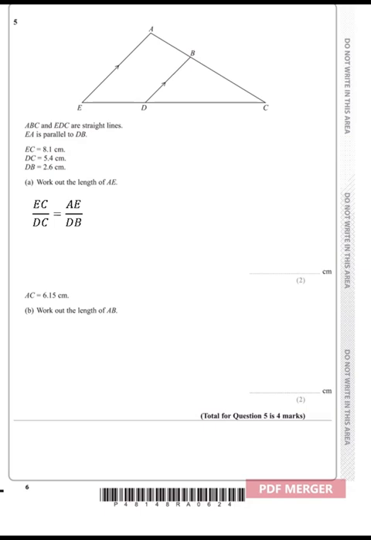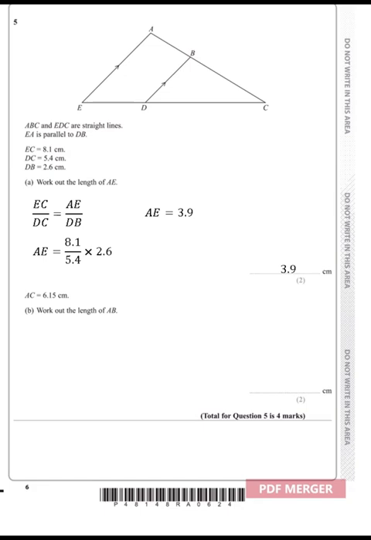So we can rearrange to make AE the subject. So EC divided by DC multiplied by DB will equal AE. So 8.1 divided by 5.4 multiplied by 2.6. So in your calculator, this will equal 3.9 centimeters.